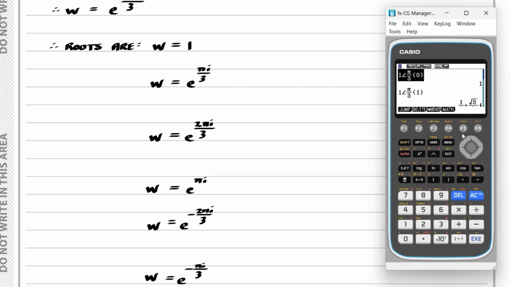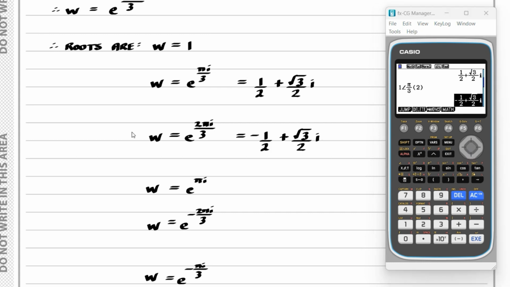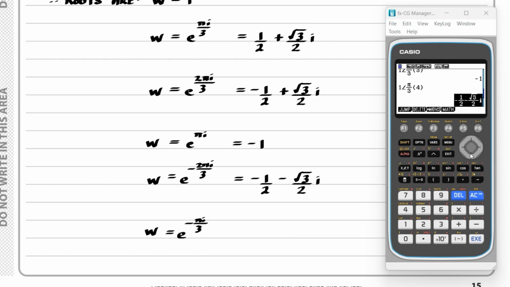So for the first one, I've got the 1. For the next one, I've got 1/2 plus root 3 over 2 i. Next one, I've got minus 1/2 plus root 3 over 2 i. The next one, I've got minus 1. The next one, I've got minus 1/2 minus root 3 over 2 i. And then I've got 1/2 minus root 3 over 2 i, just in case I need them later on.